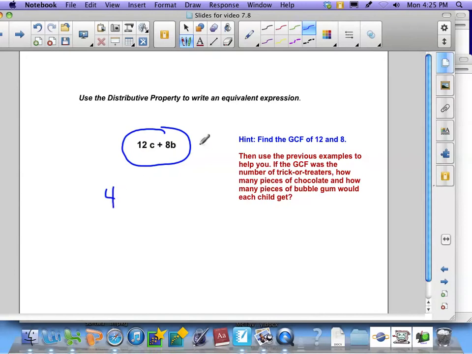To write an equivalent expression, I think 4 times 3 is 12, so it's going to be 3c, plus 4 times 2 is 8, 2b. Let's think: 4 times 3c would give me 12c, plus 4 times 2b is 8b. So 12c plus 8b is equivalent to 4 times 3c plus 2b.